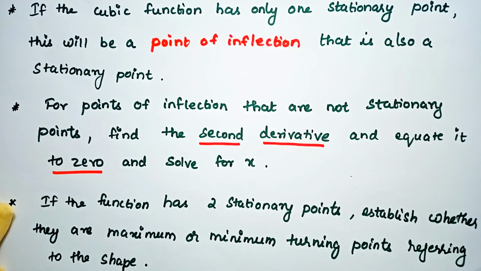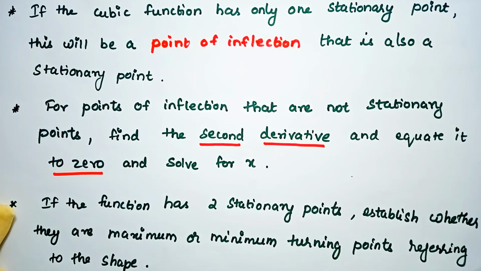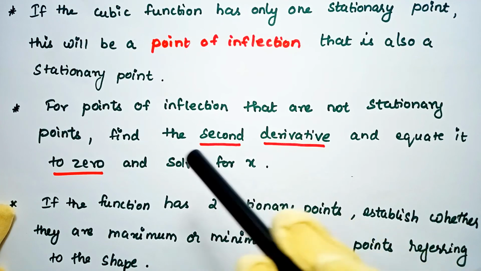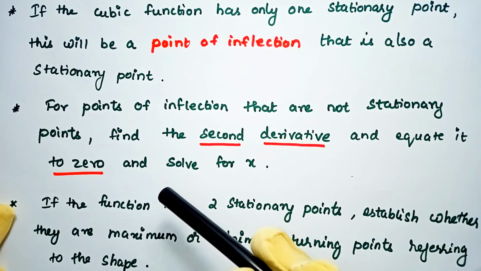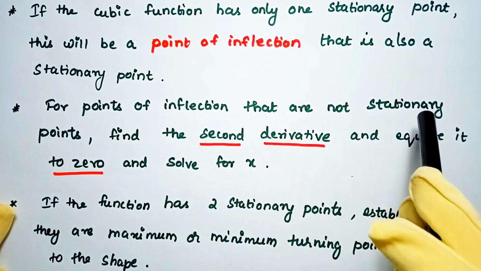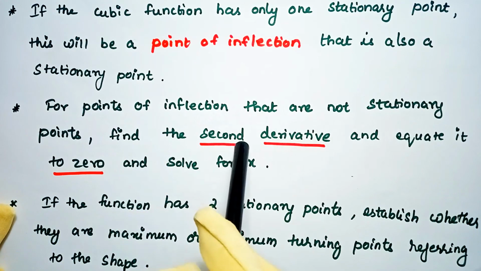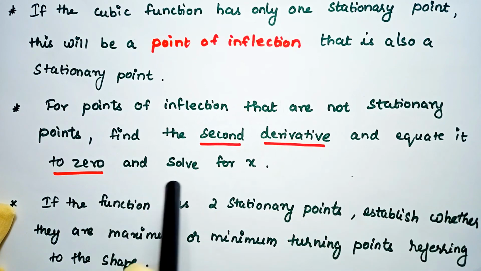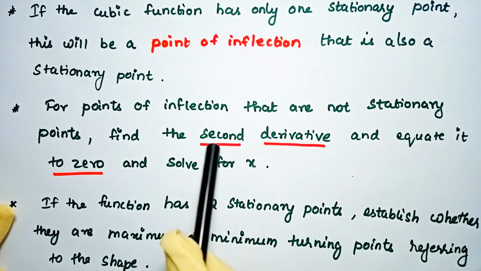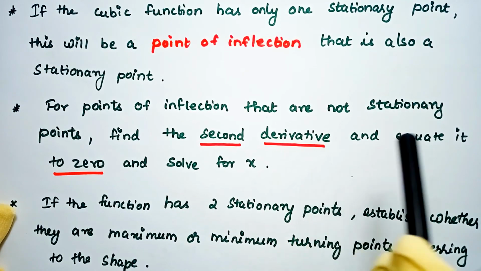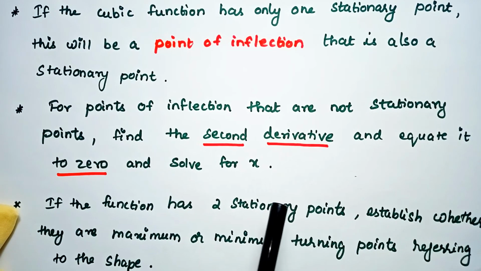So we have got one local maximum point and one local minimum point, but we didn't get any inflection points. So how to find the inflection points? For points of inflection that are not stationary points, find the second derivative and equate it to 0 and solve for x.